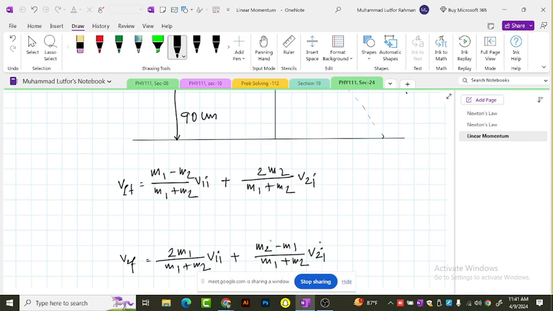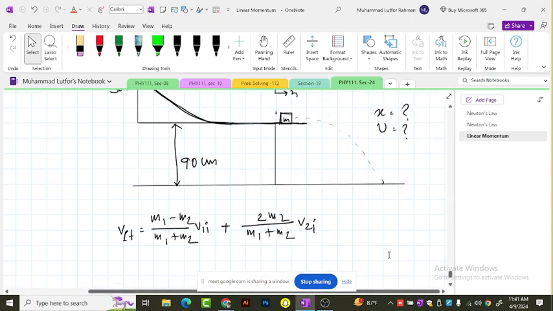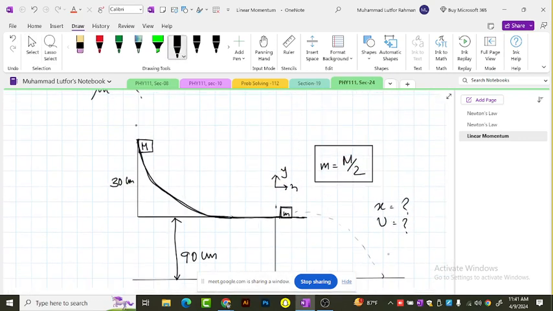Now I'll consider this one to be my first object, the bigger mass, and this one my second object. This V2I is 0 because it is stationary before the impact, right? Yes, sir. What about the V1I?